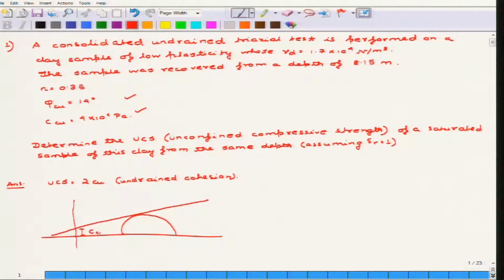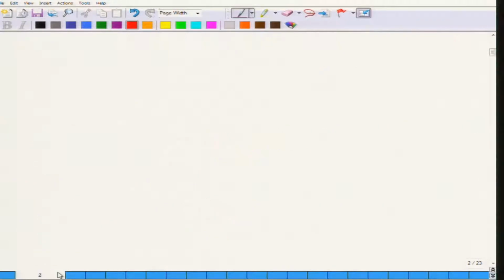This obviously is CCu, this is phi Cu, this point is touching, and we all know that this value is Cu, or the value of undrained cohesion, because as you all know that during a UU test, irrespective of whatever the pressure is, let us say that the pressure here is sigma 1, here the pressure is sigma 1a, this is sigma 1b, and this is sigma 1c.